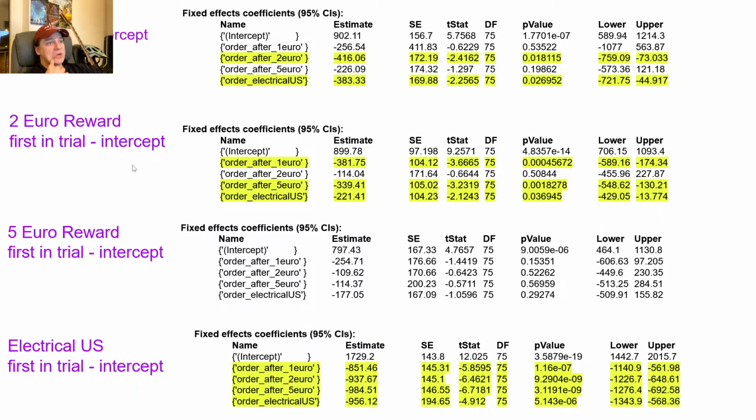Then 2 euro has a lower effect when it was after 1 euro, a lower effect when it was after 5 euro, and a lower effect when it goes after electrical US. Nothing different for 5 euro, and for electrical US all the values were lower compared with the first in the trial. So in general, as the reference value, we take when it was first in the trial.